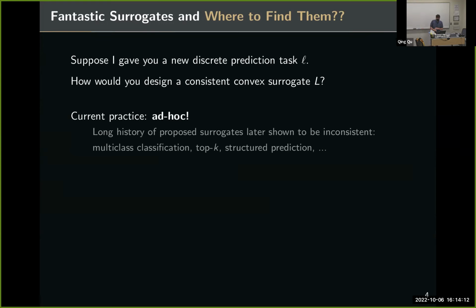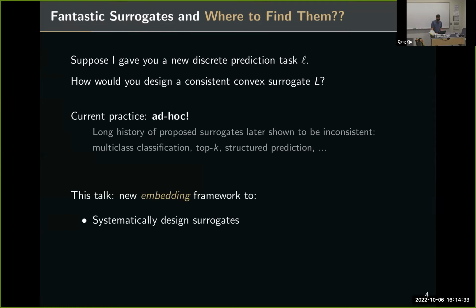We'll go through examples of each of these and some more in this talk. I think we're still in a place, even after this framework that I'll tell you about, but hopefully we got closer, where we don't know a whole lot about consistent surrogate design, and we would like to get more systematic ways of doing this.